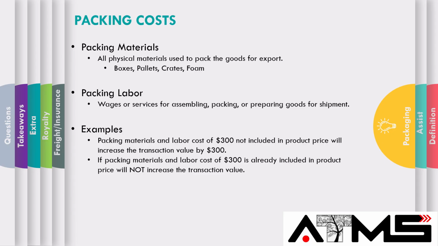For example, if $300 were spent on packaging materials and labor that are not part of the invoice price, then $300 must be added to the dutiable value. Conversely, if those costs were already included in the invoice, then no additional duty applies.